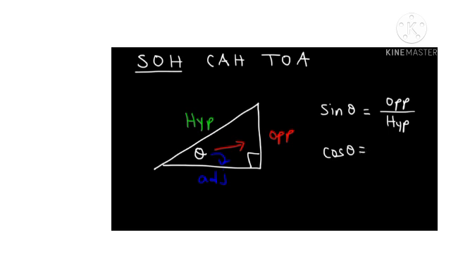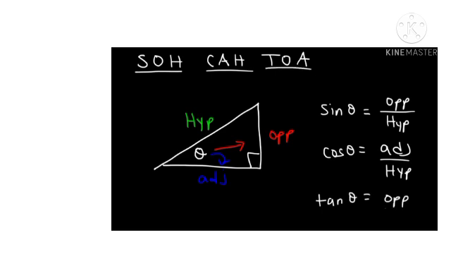Cosine theta is equal to adjacent side divided by hypotenuse. CAH is for cosine, adjacent over hypotenuse, and tangent theta is equal to opposite side divided by adjacent side. So that is the tangent ratio.